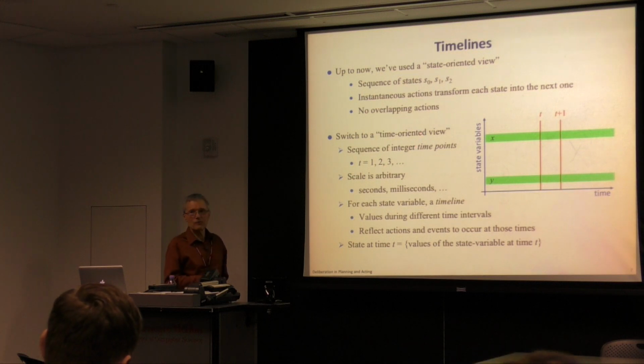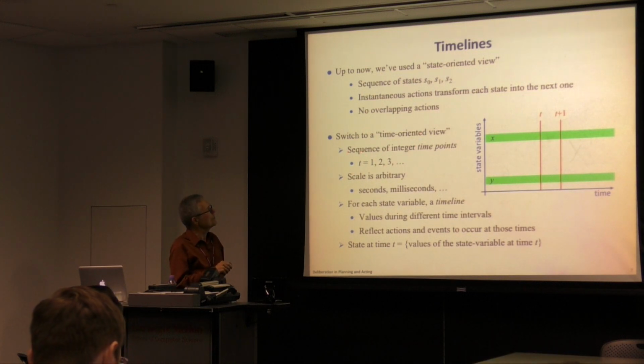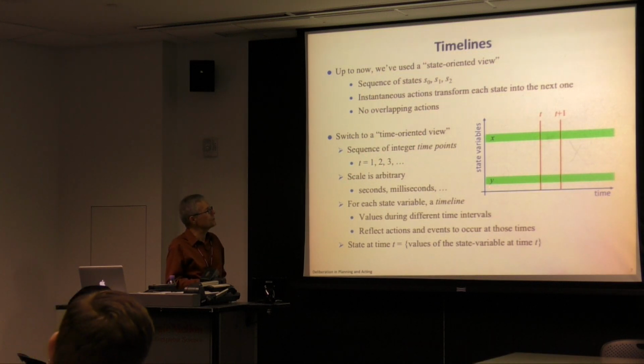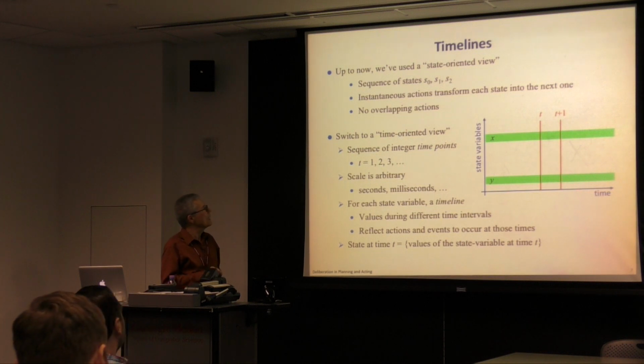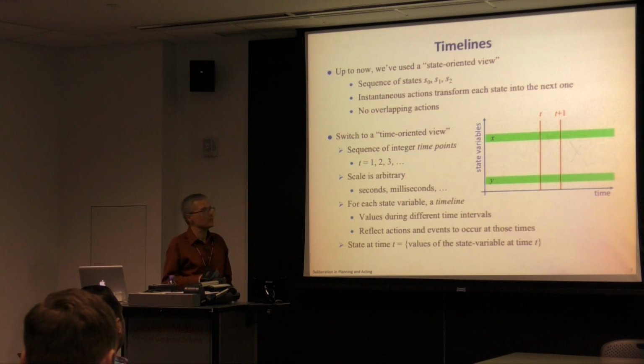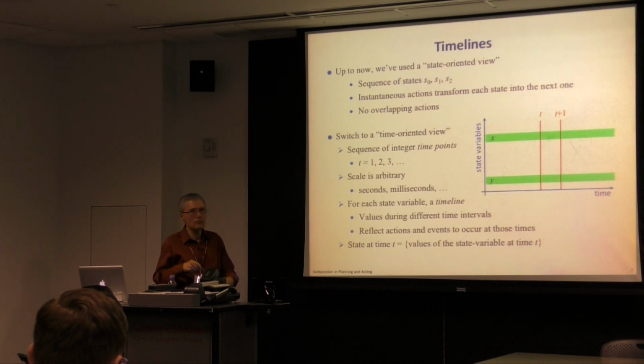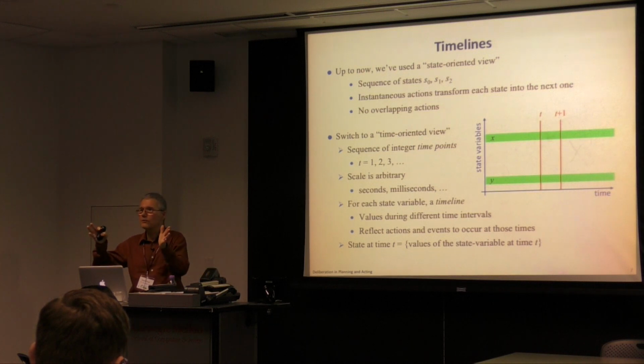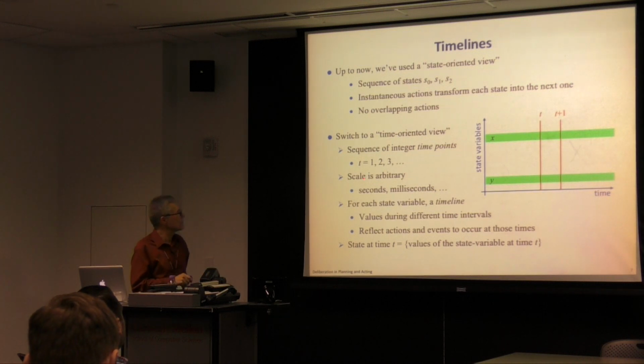For a time-oriented view, what we're going to do is we have a sequence of integer time points, t equals 1, 2, 3, and so on. The scale of these time points is arbitrary. It could be 1, 2, 3 milliseconds, 1, 2, 3 seconds, 1, 2, 3 minutes, whatever scale you want for what you're working at.